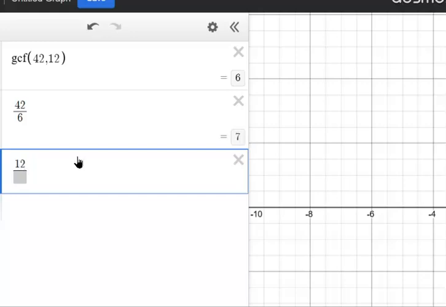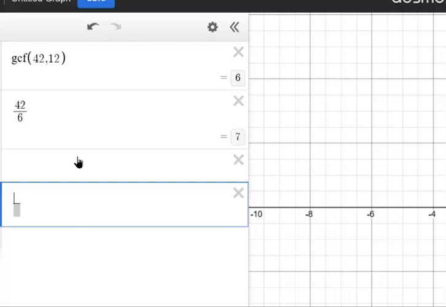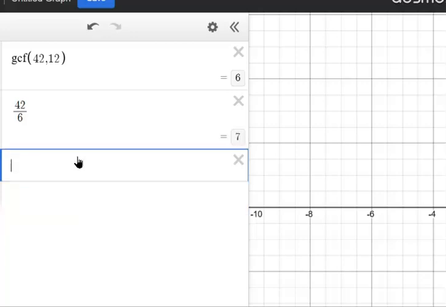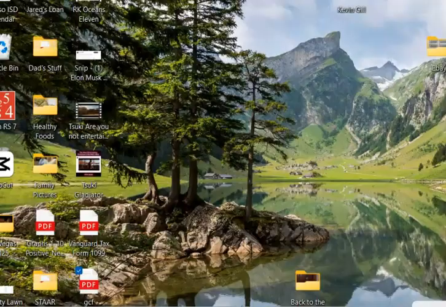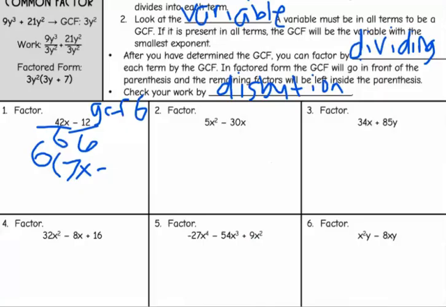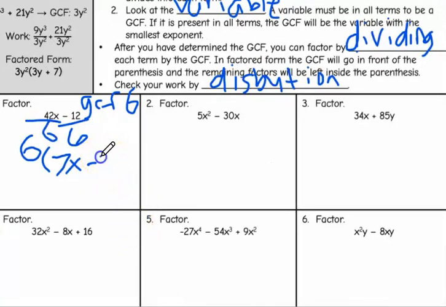Oh, what happened over here? 12 divided by 6 is 2. Okay, there we go. So we're going to put 2 here.